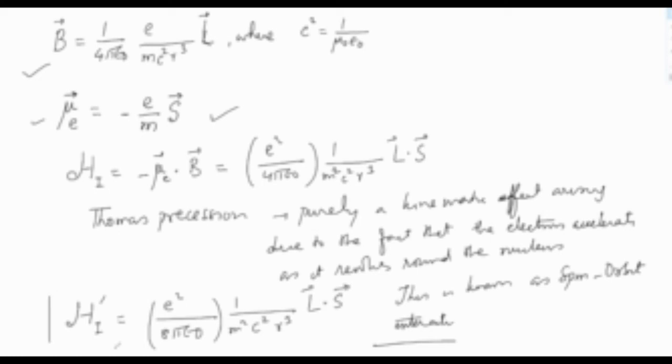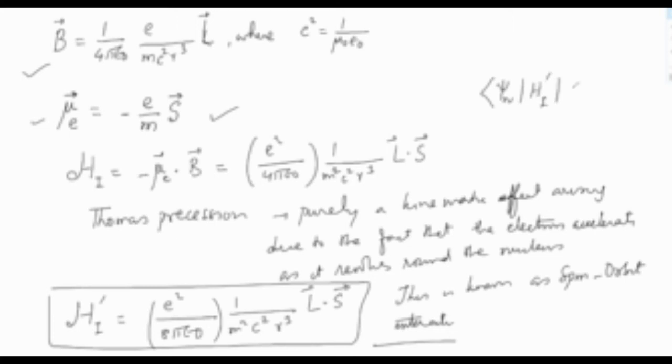Now, this part is not directly of our relevance, because what we need is the expectation value. Okay, what we need is psi n unperturbed, the perturbed Hamiltonian correction, psi n. Therefore, on Monday, I will try to evaluate this expectation value.